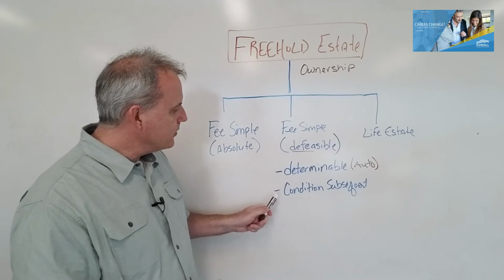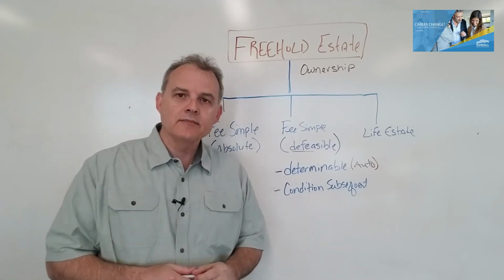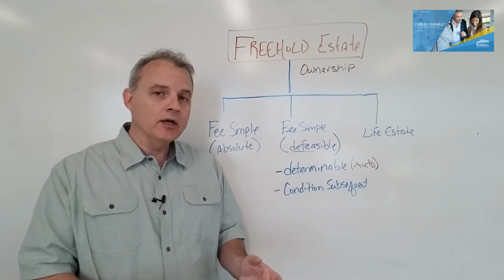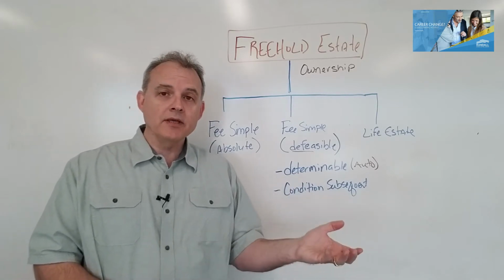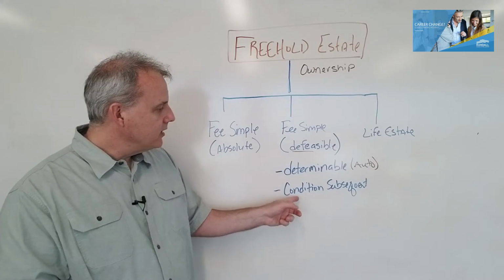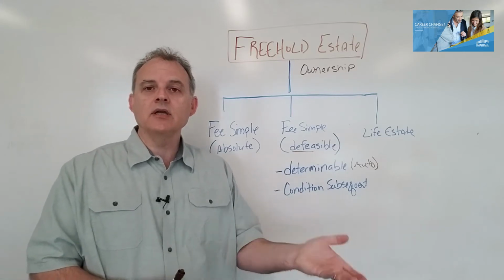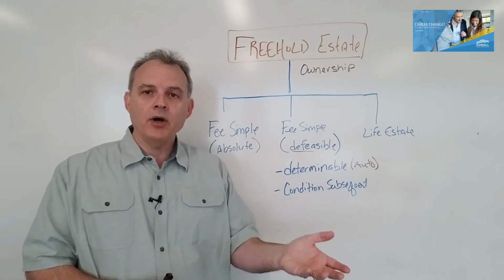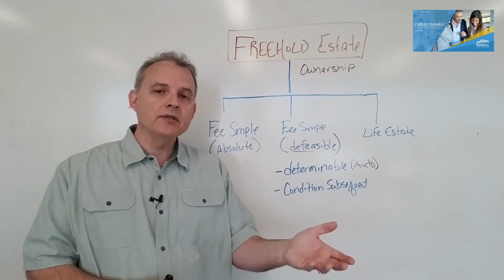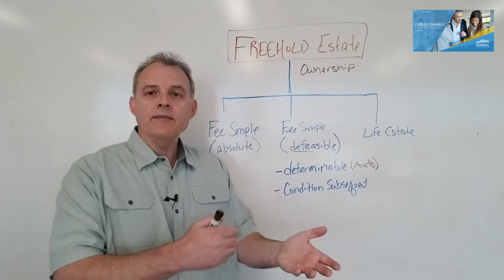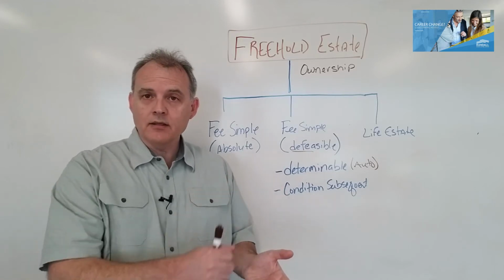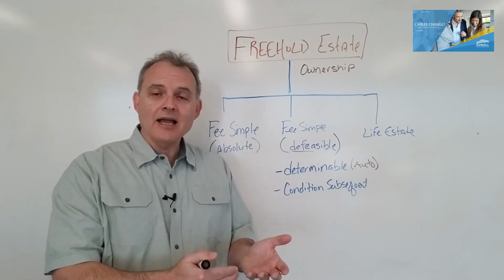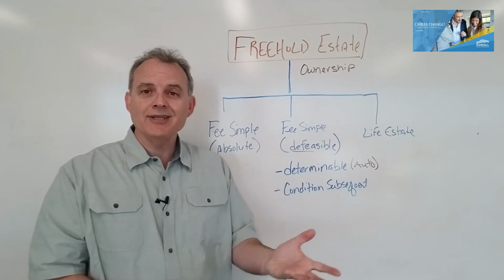Now, fee simple to a condition subsequent, given the same scenario as under a determinable. Under a determinable, the transfer to Tom Smith is automatic. However, condition subsequent says that if the city stops using it as a park, the city still owns it up until a point where the remainderman, the person that has the reversionary interest, Tom Smith, has to actually go and take legal action to get the property back.